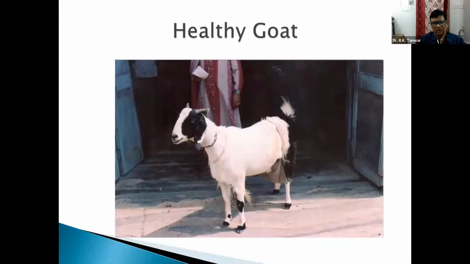So I am showing some pictures. This is a normal picture of Barbari goats. And here one thing in the picture, you can see that in our areas, I don't know about other areas, this cotton cloth is applied over the udder and the teats, so that the young one cannot suckle off time of milking.